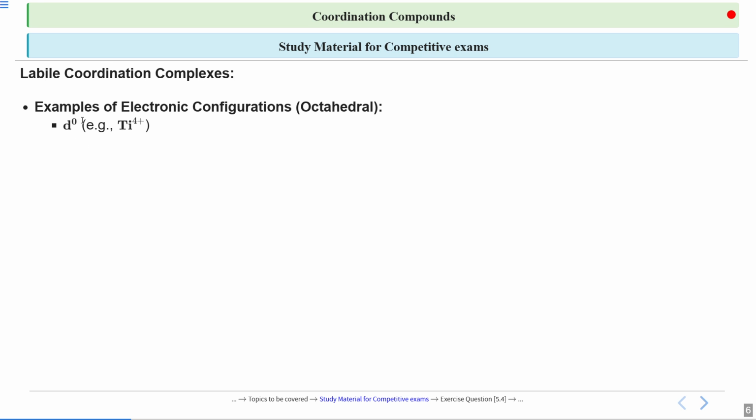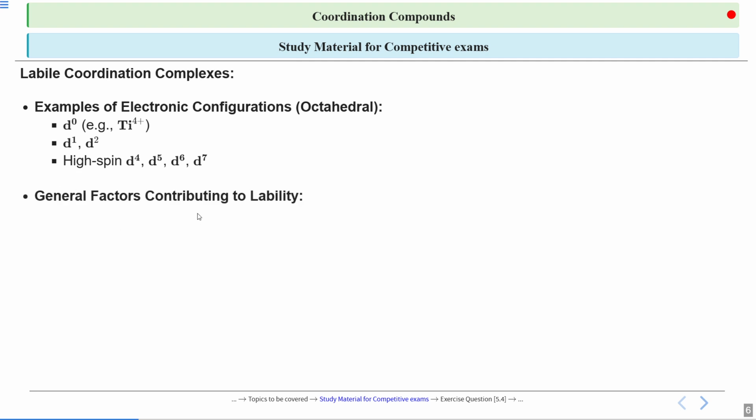Titanium has the normal configuration of argon 3d2 4s2, but when it donates its 4 electrons and becomes 4 positive, the electronic configuration of the d orbital becomes 0. And then the d1 and d2 octahedral complexes, and high spin octahedral complexes, which include the configurations d4, d5, d6 and d7.